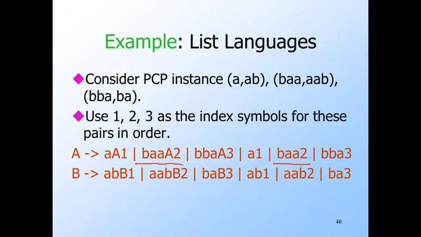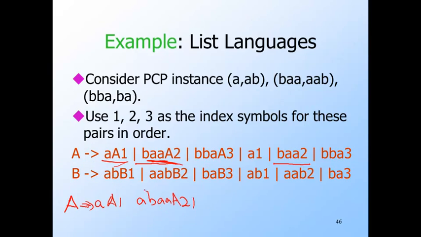As an example, if we choose the three pairs in order 1, 2, 3, then there's a derivation from A that looks like this. So A, use the first choice, that's this production. Then we'll use the second choice, which is this production, and that gives us the string with capital A, then 2, and 1.